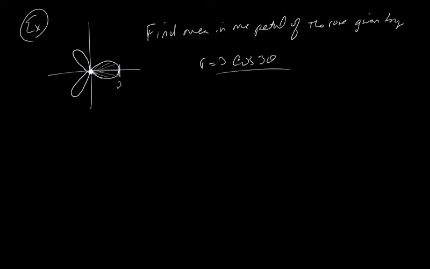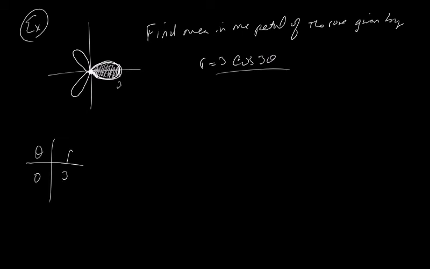So we have that. Then we need to know what angle we're going to be running through. At what angle am I going to be given this lovely petal here? For example, if I wanted to find the area of this petal here, what are the angles? Well, we can check this. If I put in theta equal to 0, I plug that in and I get 3.